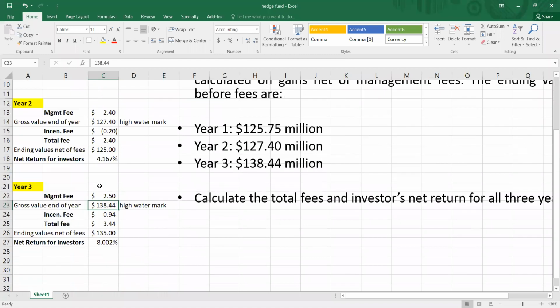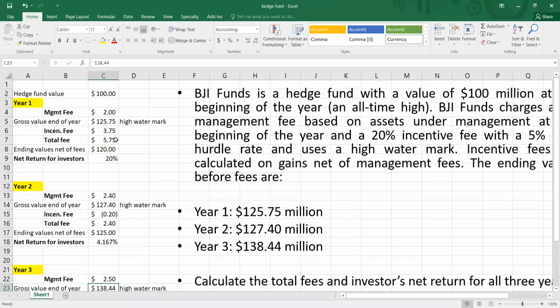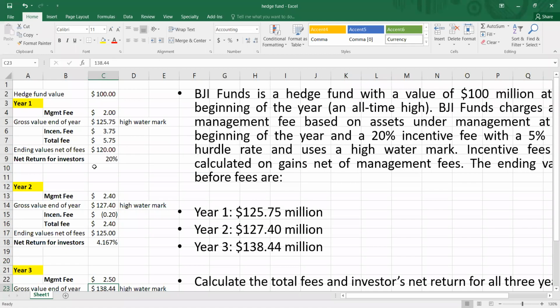Okay, this file I will upload to the Moodle as well. Now, there was an example that I want to give you to solve. Okay, now do the same thing, but for this hedge fund.